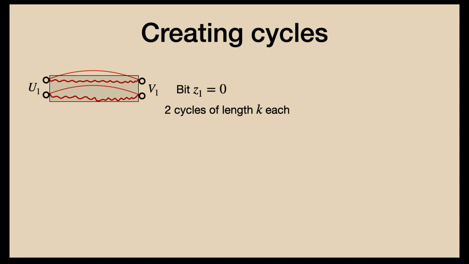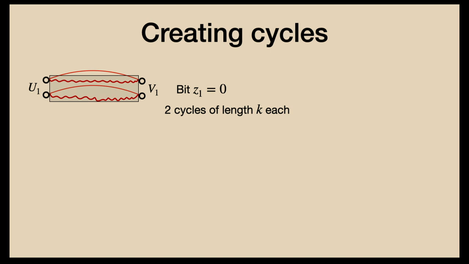Why are we doing all this? Our goal was to create an instance of NGC. Let's come back to NGC now and see how we're getting these cycles out of this construction. So if this bit Z1 was 0, what I'm going to make sure of is this length, I'm going to enforce it to be k minus 1, and I'm just going to add edges between the corresponding vertices.